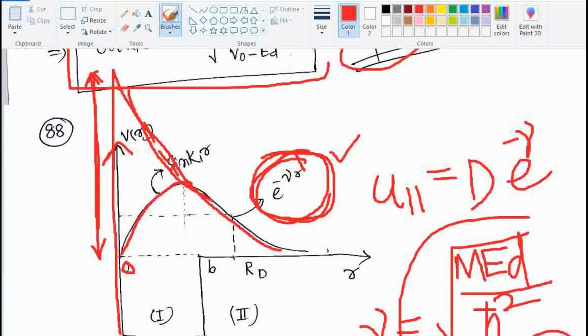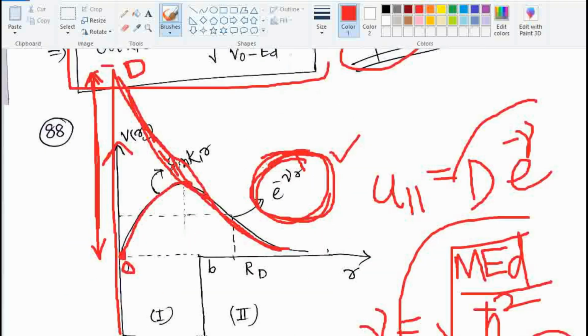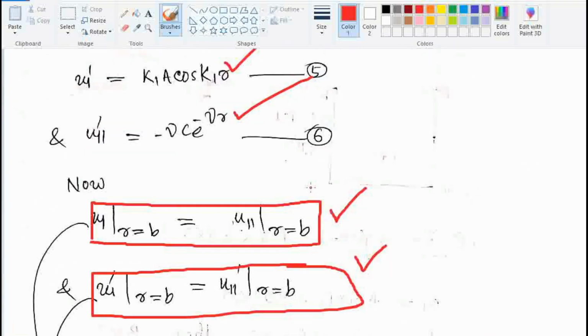But due to the sine wave being present, and the sine wave is 0 at r equal to 0, the total wave function value is 0 at the origin. But if you extend this part, it will meet somewhere at the maximum value, like d.